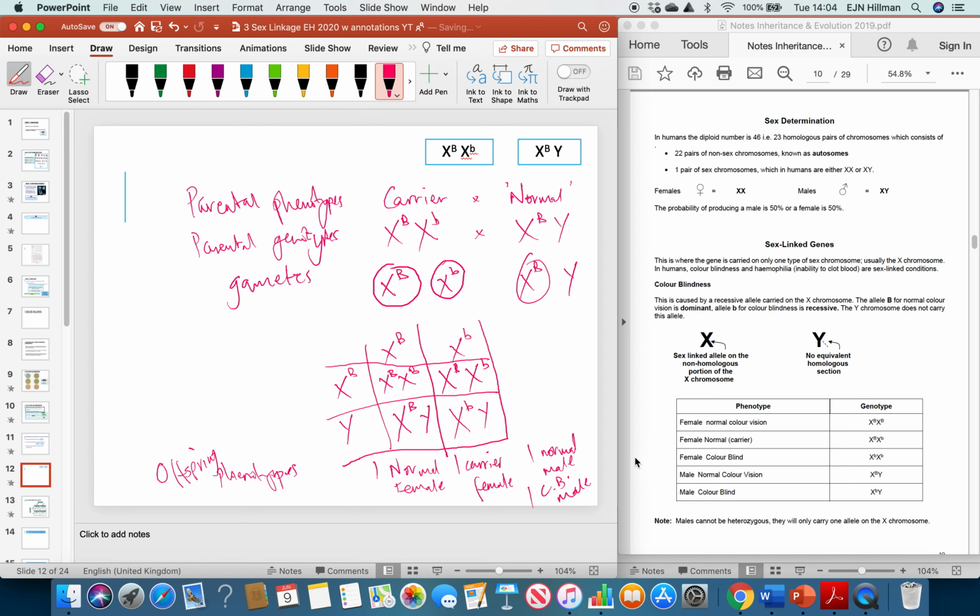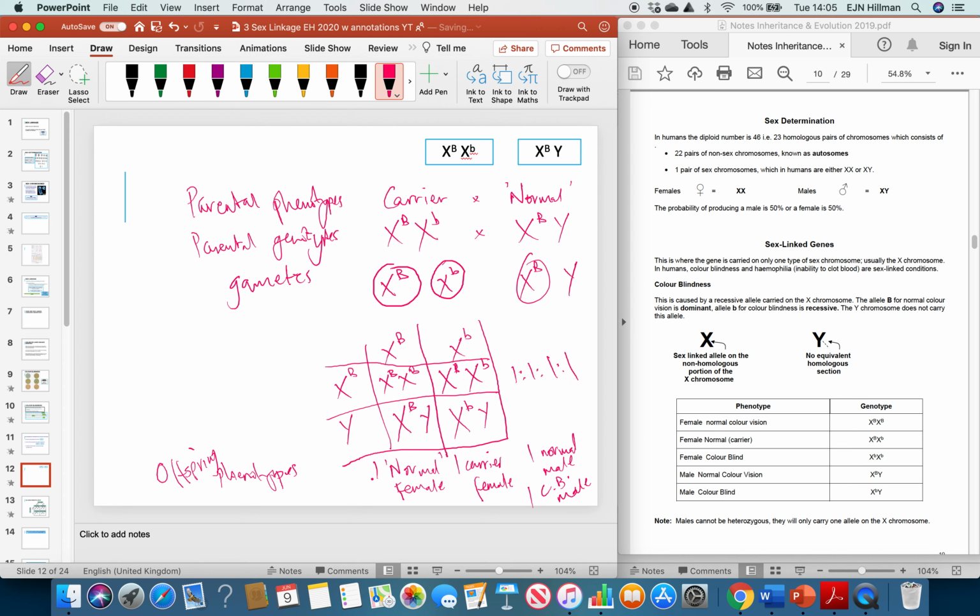Okay, so it's important to remember here that, perhaps in apostrophes, the normal colour vision is a phenotype, but so is the female. So if you're asked for the offspring phenotypes, if you're asked for the ratio of those, the ratio is 1 to 1 to 1 to 1.